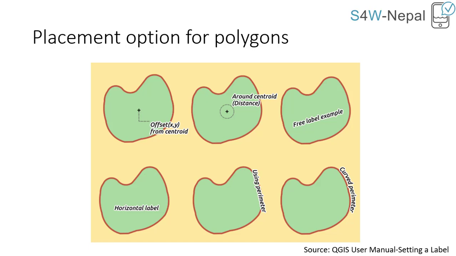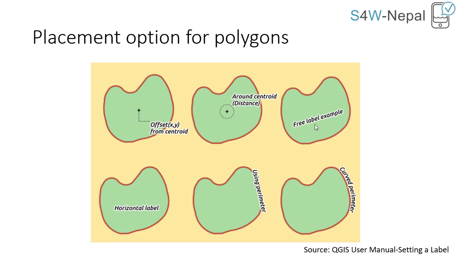Placement options for polygons. The first one is offset from centroid. Offset from centroid allows you to place your label within a specific quadrant and define its offset and rotation. The second one is around centroid distance. This places the label at a specific distance around the centroid. And the third and fourth one are horizontal labels and free labels.